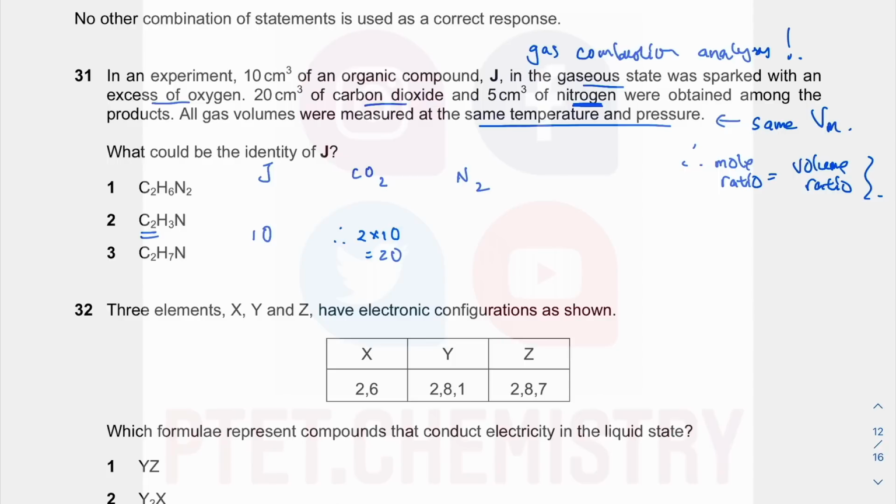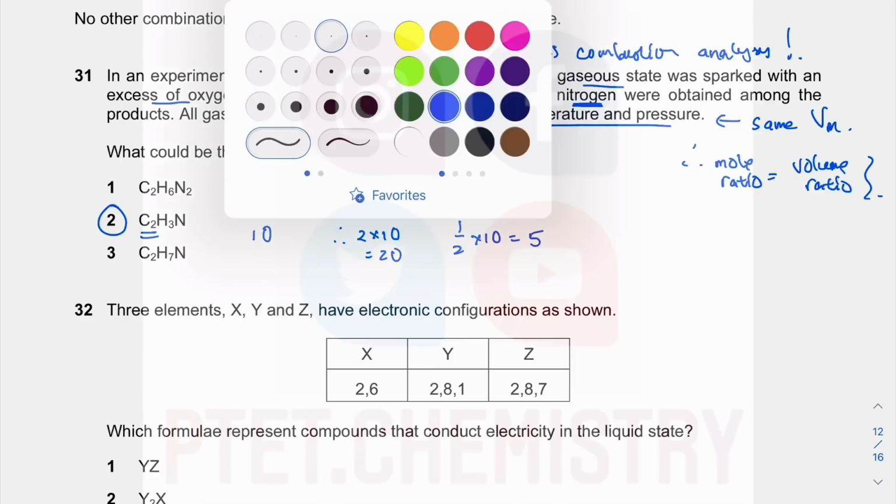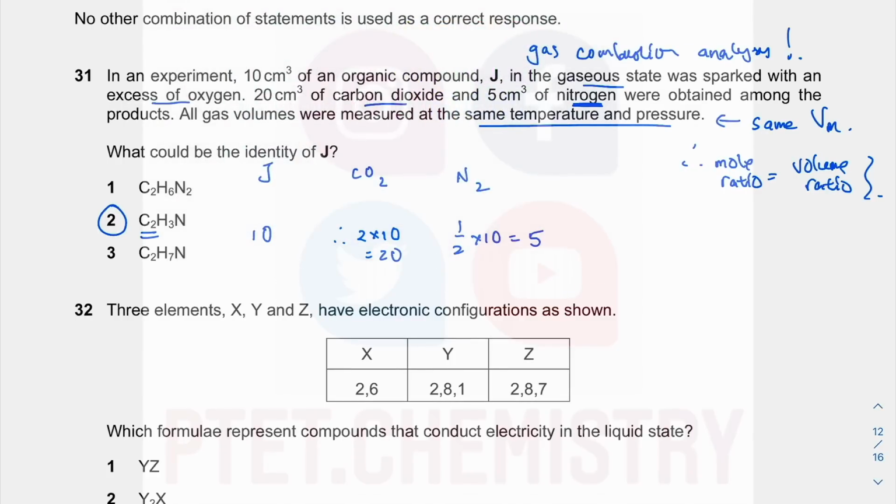So 1 of J will give me 2 of CO2 because it's got 2 carbon. Mole ratio equal to volume ratio. 1 mole of J will give me half mole of N2 because it's got 1 nitrogen atom. So it'll be half times 10, which will be 5. These are volumes, so 10 cm3 of these will give me 20 cm3 of these and 5 cm3 of these, so 2 is correct.